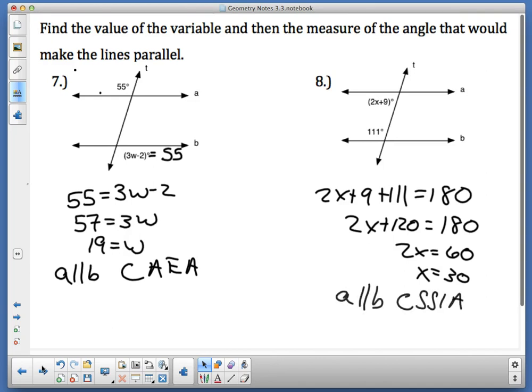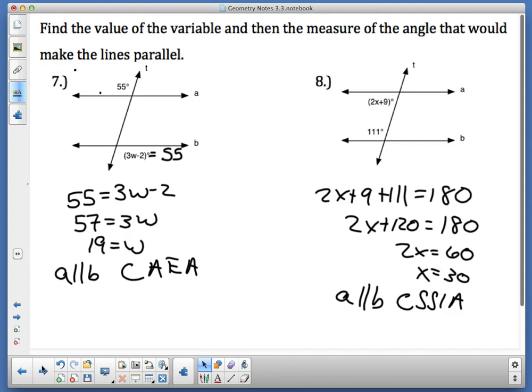So now by the converse of same side interior angles, I can say that A and B are parallel when x is 30. Okay? For what value of the variable x or y or z will make the two lines parallel? By what theorem? Those are the things I'm answering today.